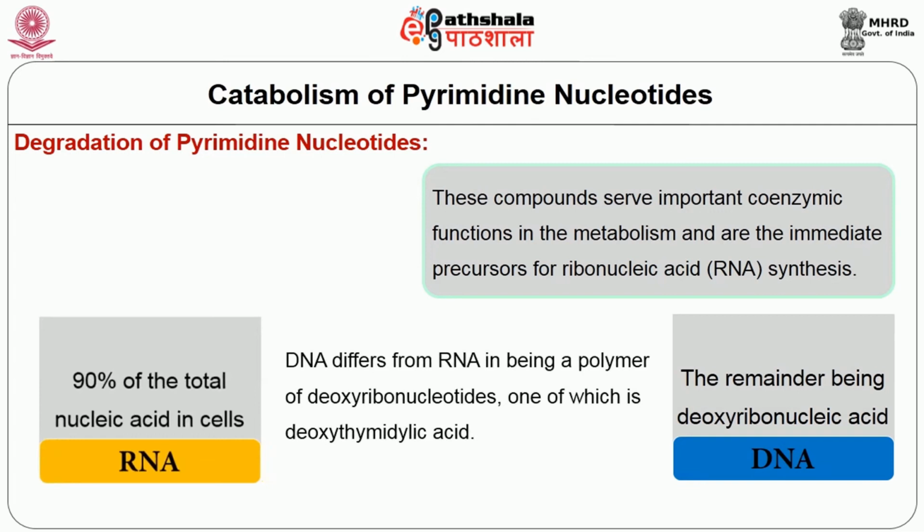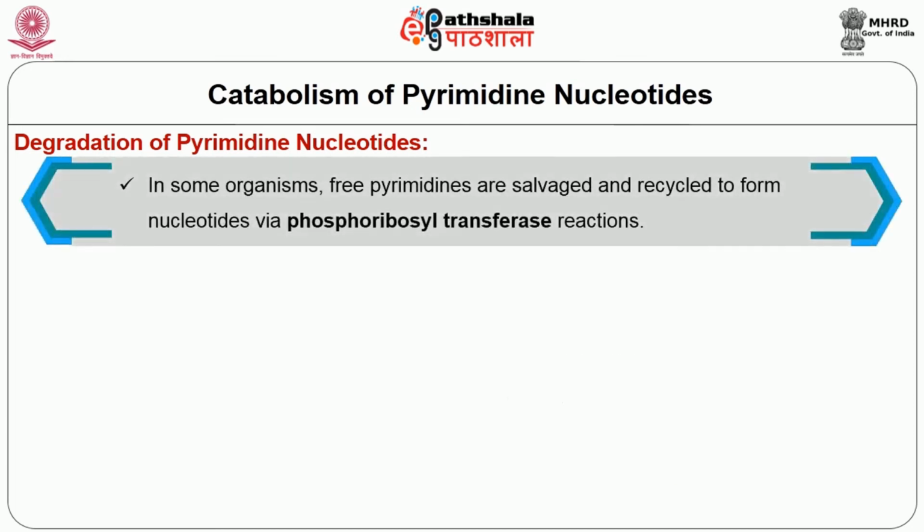DNA differs from RNA in being a polymer of deoxyribonucleotides, one of which is deoxythymidylic acid. We will now turn to the degradation of these compounds. In some organisms, free pyrimidines are salvaged and recycled to form nucleotides via the phosphoribosyl transferase reactions.